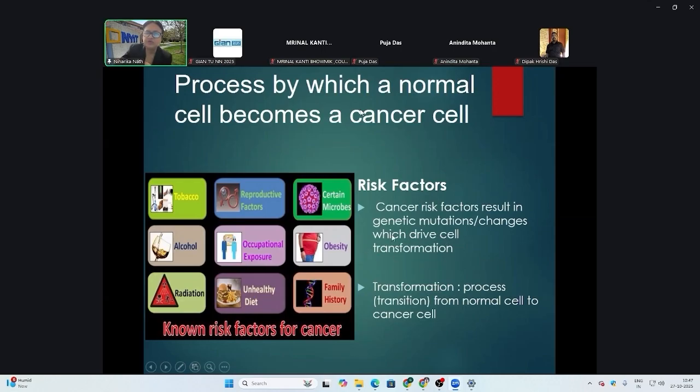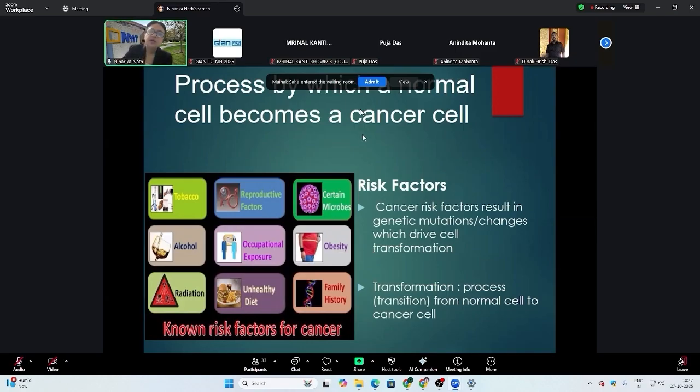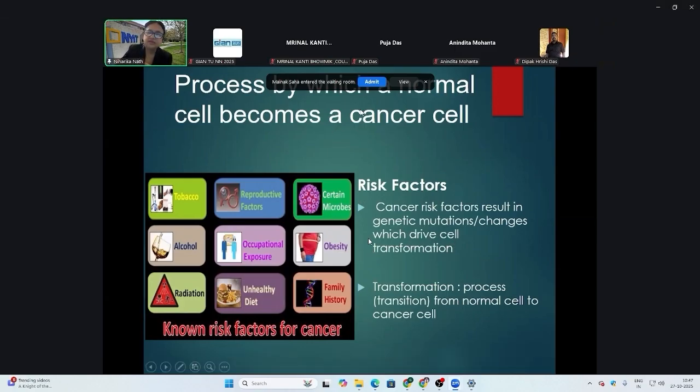So please note this very special word. The word is transformation. And the word transformation means that the cell has been transformed into a kind of cell that is abnormal. So transformation is a very specific word. So in a normal cell to become cancer cell, in mammalian cells, transformation has a very specific meaning.